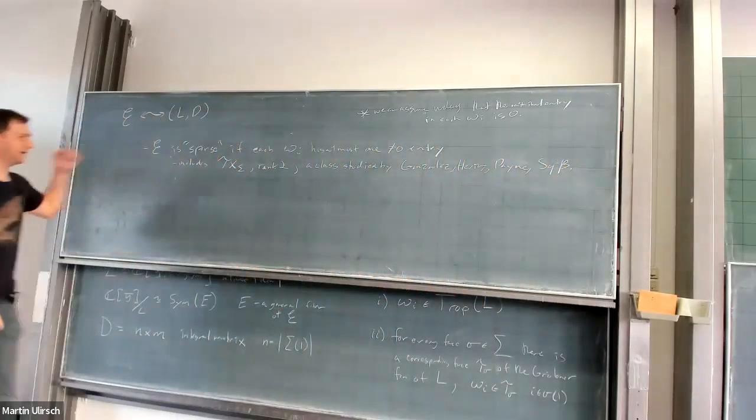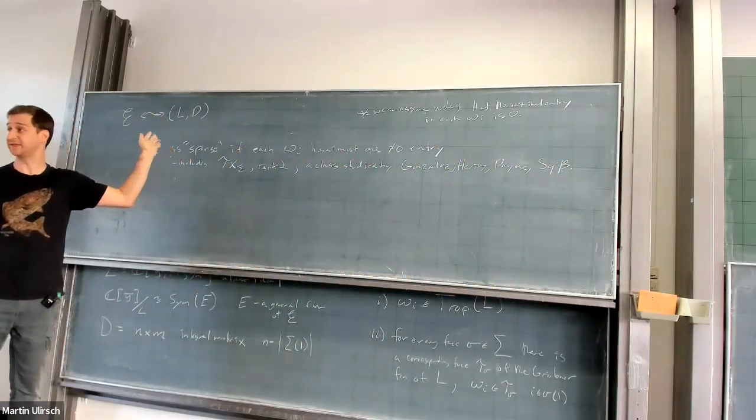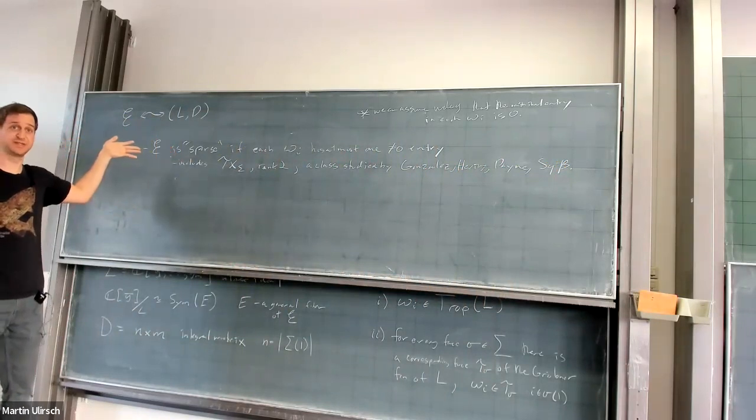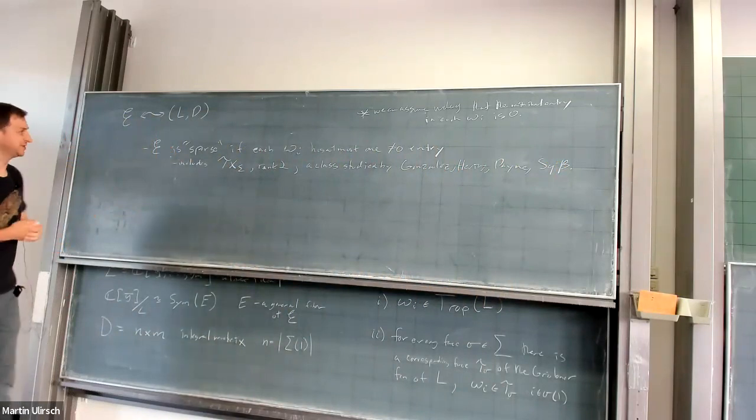So it turns out, I'll say this again in a second, but the projectivization of any sparse bundle is a Borg group. It's a very nice class of bundles that contain sort of all of the known cases of Borg groups.